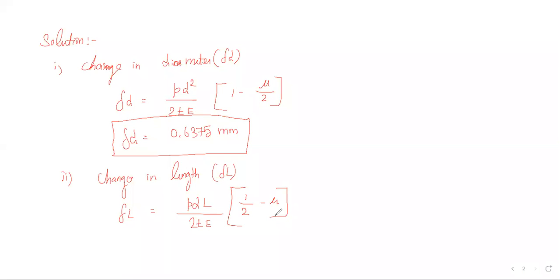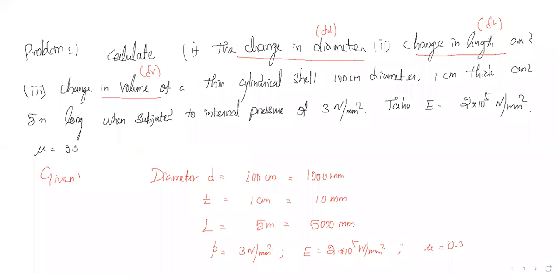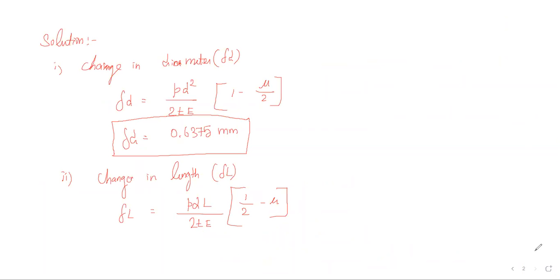Pressure p into D into L divided by 2 t E, so 2 into thickness 10 mm into E 2 into 10 to the power 5, multiplied with (0.5 minus mu, 0.3).